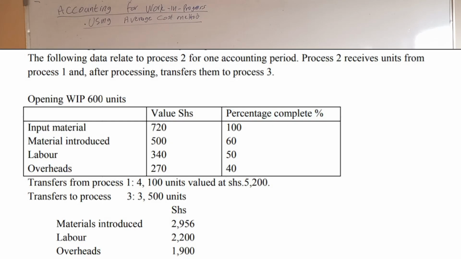Now, these are the data. Opening work in progress 600 units. This is what we had used earlier. Now, items, then value, then percentage completed. Input material valued at 720, that is 100% complete.